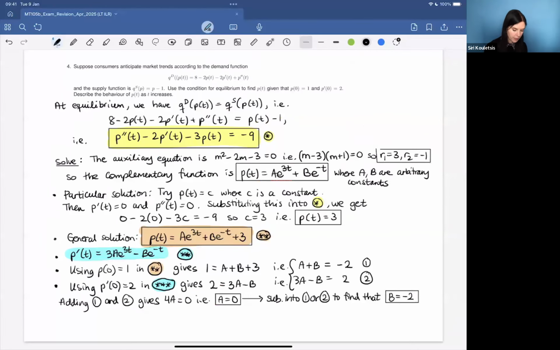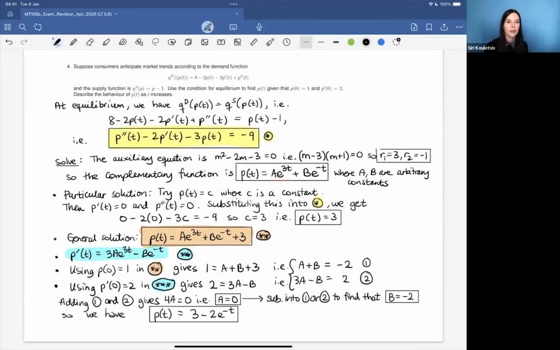And finally then, we can write out the required solution. And so that's the first part of the question answered.